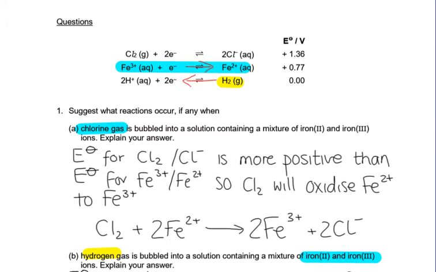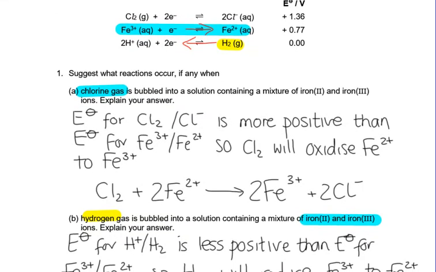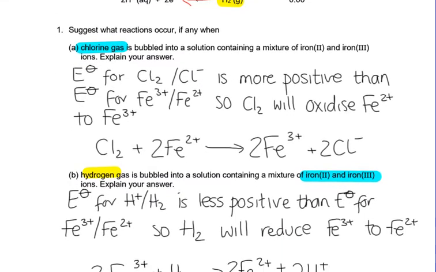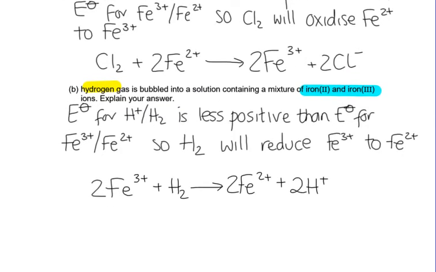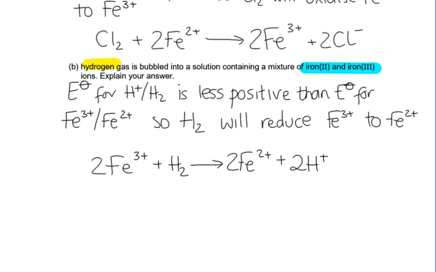The hydrogen gas goes backwards. So this time hydrogen is being oxidised and iron 3+ is being reduced. So we ended up with a different answer. So just because you bubble a gas into a mixture of iron 2 and iron 3 doesn't mean you'll get the same product. It depends what that gas is and whether it's more or less able to reduce or oxidise than the iron 2, iron 3.